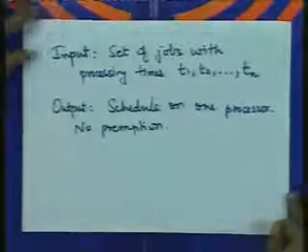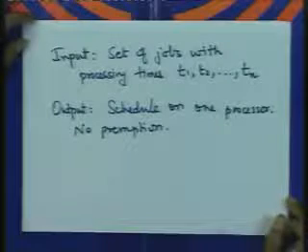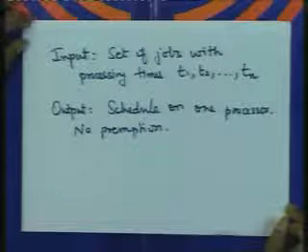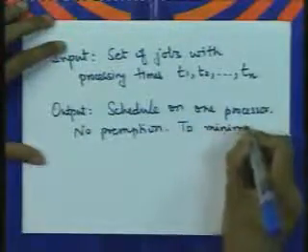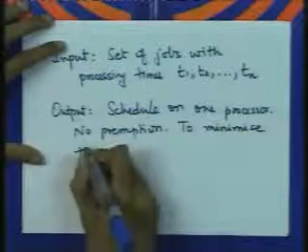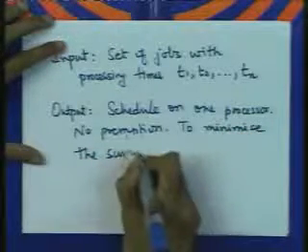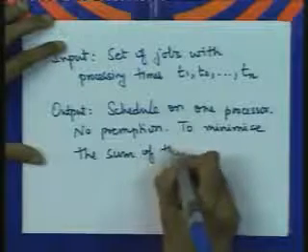Well, and we want to minimize something. Okay, what do we want to minimize? We want to minimize the sum of the finishing times. Okay, schedule on one processor, no preemption, to minimize the sum of the finishing times.